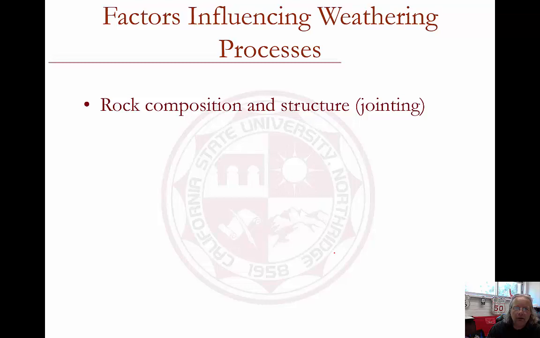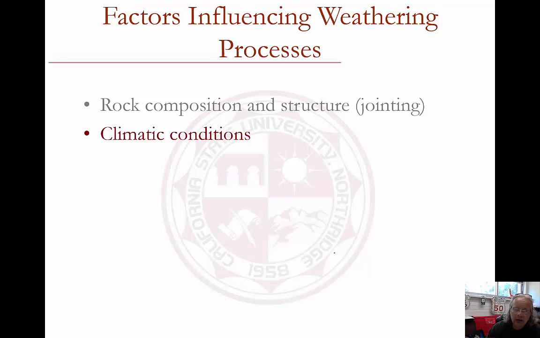So what are the factors that influence weathering processes? One is you start with the parent material. What kind of rock is available for weathering? And one of the most important things is what kind of joints, how is the rock being kept together? The second thing is, what's the climate like?